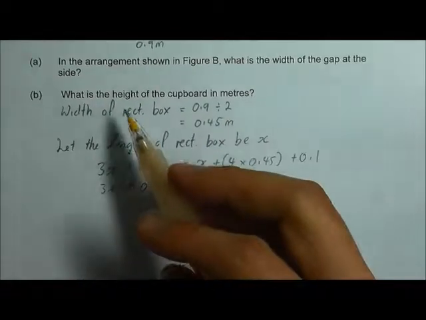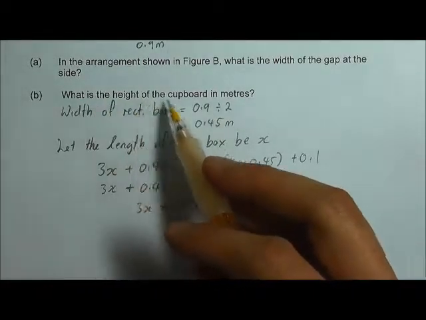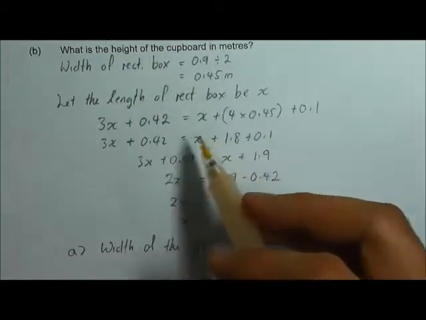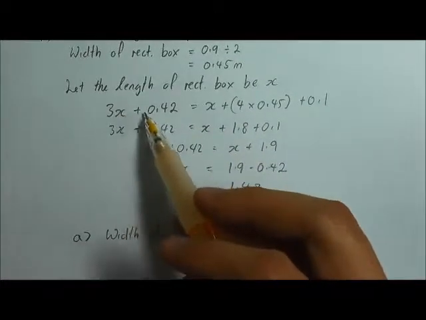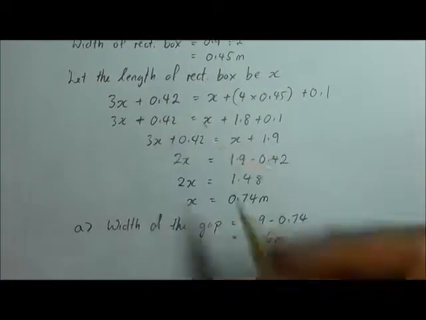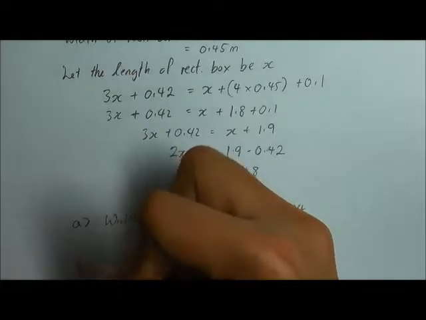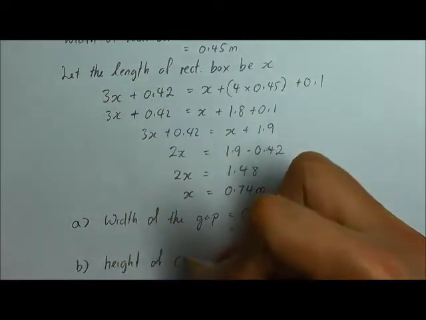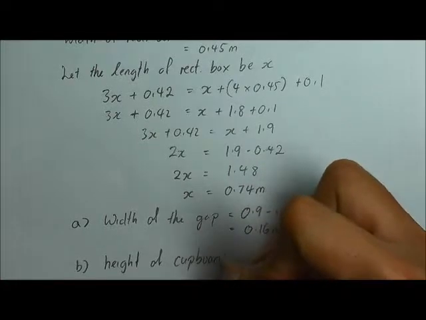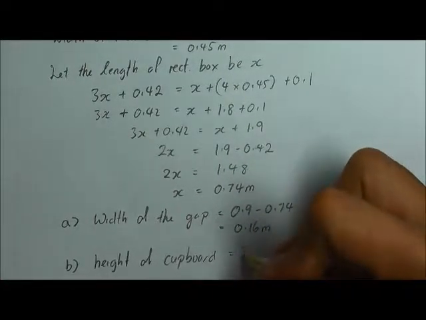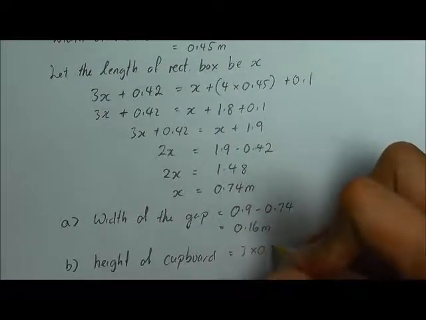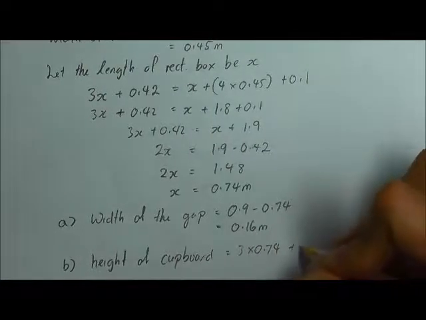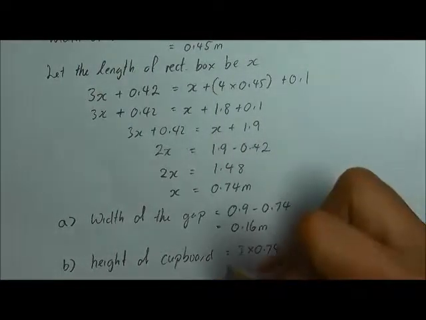And the next question, what is the height of the cupboard? The height of the cupboard is just 3x plus 0.42. So 3 times 0.74 plus 0.42.